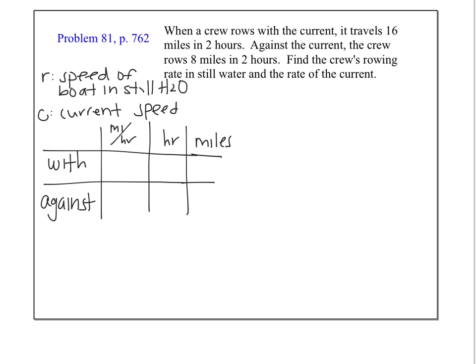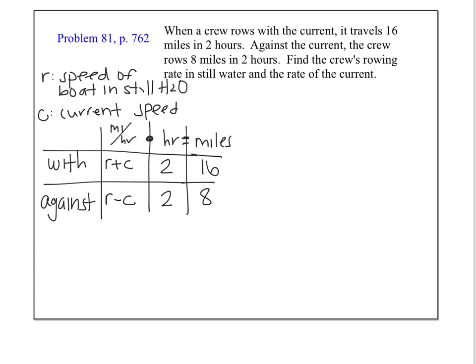So this is the same thing as distance equals our rate times our time. So we know that if we're going with the current, that current is helping us. So the speed of our boat plus the current, and we're doing that for 2 hours, tells us how many miles we get, and we know that we got 16 miles. When we went against the current, we had our rate of the boat, but we were slowed down by the current for 2 hours, but we only got 8 miles.